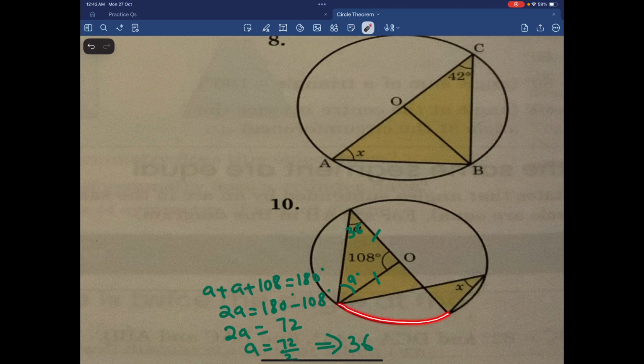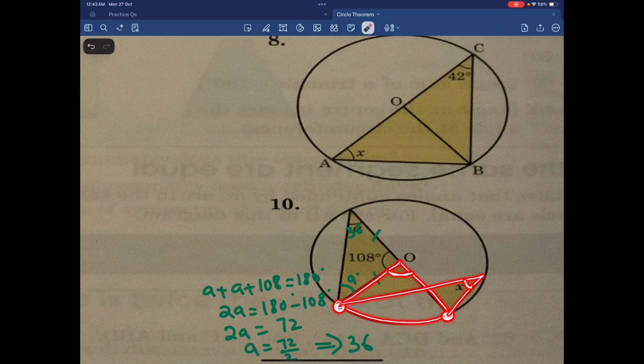Which angle is being made by the arc at the center, or which is the central angle? This is the central angle, right? And which angle is the inscribed angle? The angle made by the ends of the same arc at the circumference. So these are the ends, right? And this is C, the angle made at the circumference.